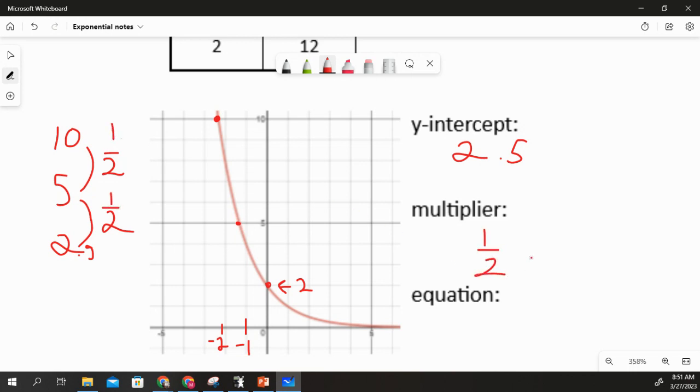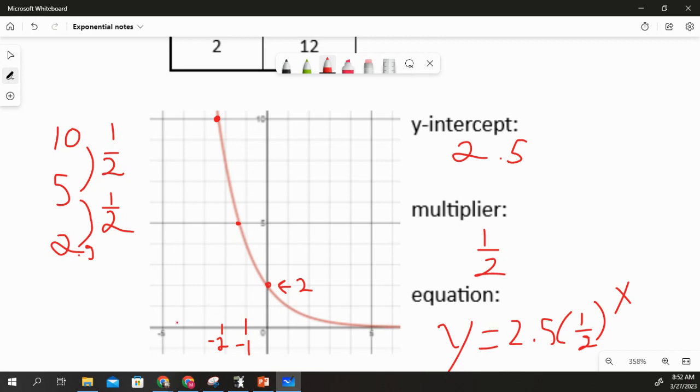So 1/2 is our multiplier. And our final equation is y equals 2.5, and we got 1/2 to the x.